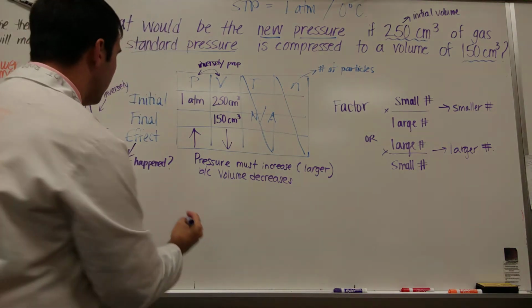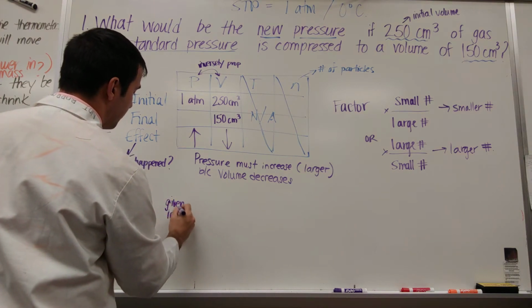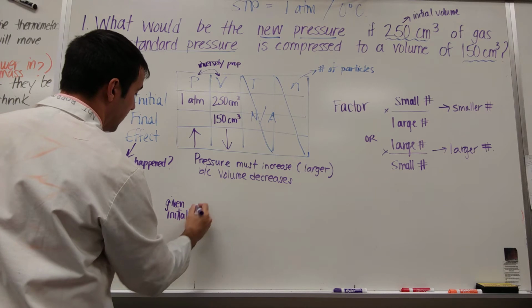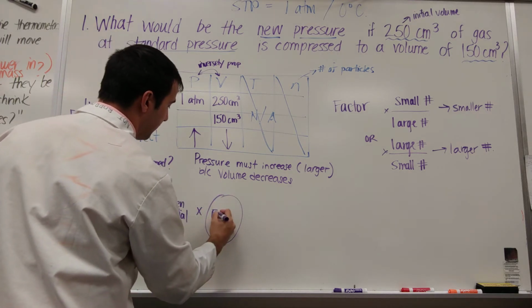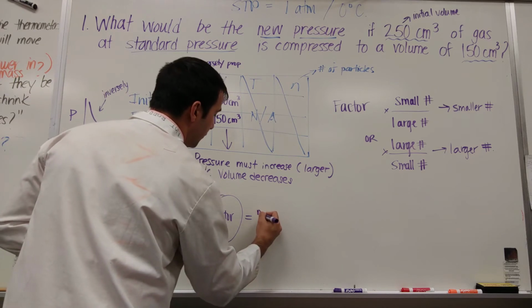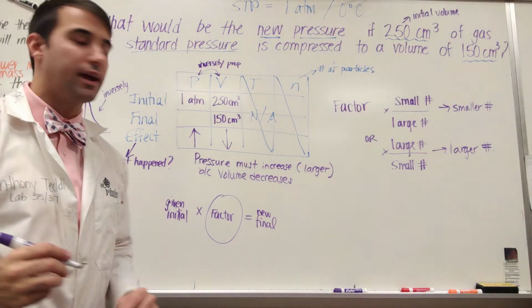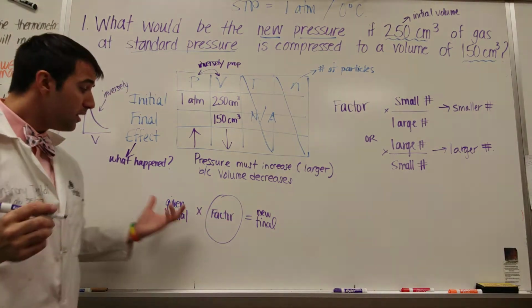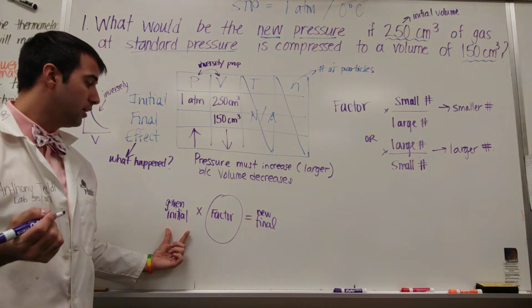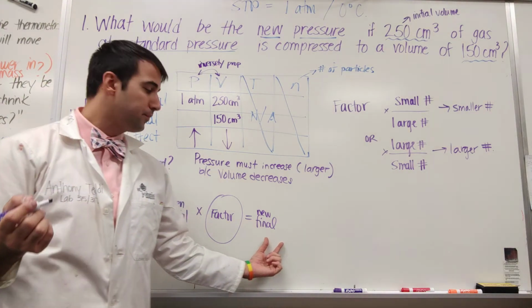And remember, the general calculation is given initial times some factor is equal to my new final. Right? I kind of changed the wording. I said given quantity before, but I'll say an initial value times some factor to get a final value. Okay?